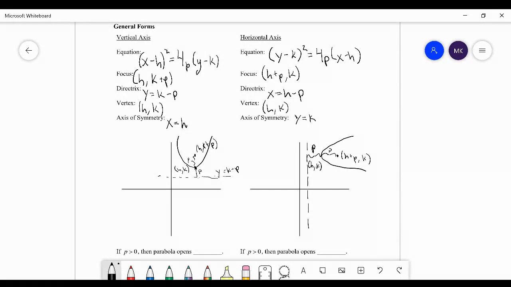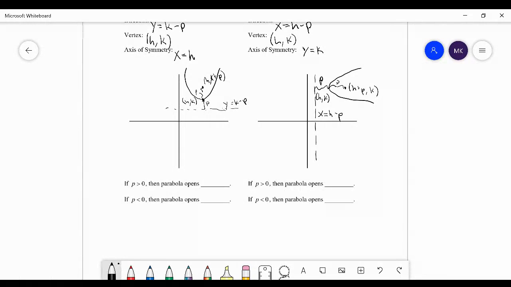And our directrix is the line x equals h minus p. Again, depending on our p-value, it's still the exact same. If p is positive, it opens up. If p is negative, it opens down. If p is positive and we're opening horizontally, with a horizontal axis, then it's opening to the right, and if negative, it's opening to the left.